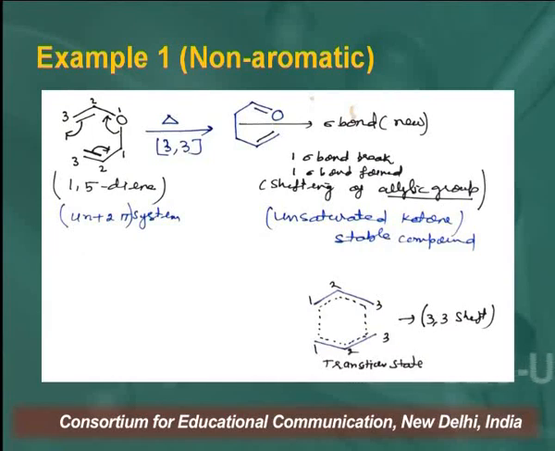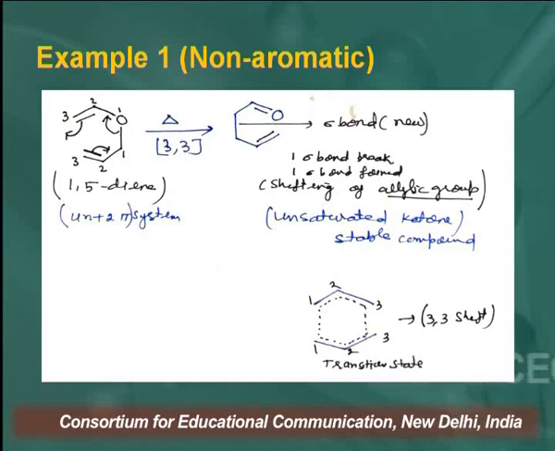As I discussed in the previous class on sigmatropic rearrangement reactions, there should be an allylic carbon. The allylic carbon is the carbon which is directly attached to an sp2 hybridized carbon atom. So here number 1 is the allylic carbon, which is attached to the double bonded carbon at the 2 and 3 positions.